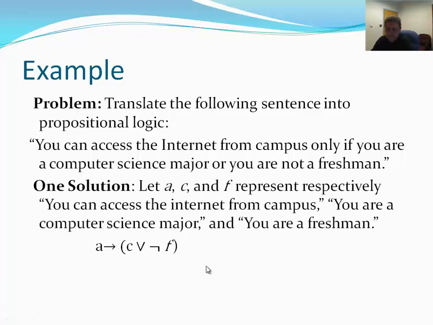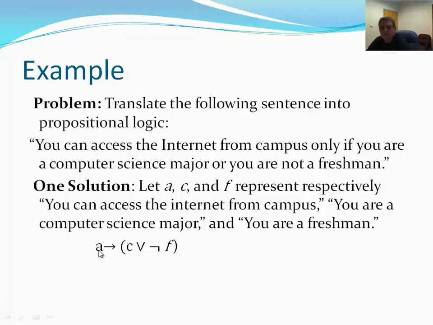And then here's one solution. There are many ways to do it. Let A, C, and F, right? There are only 3 propositional variables here, representing respectively: You can access the internet from campus, that's A. You are a computer science major, that is C. And F stands for you are a freshman.